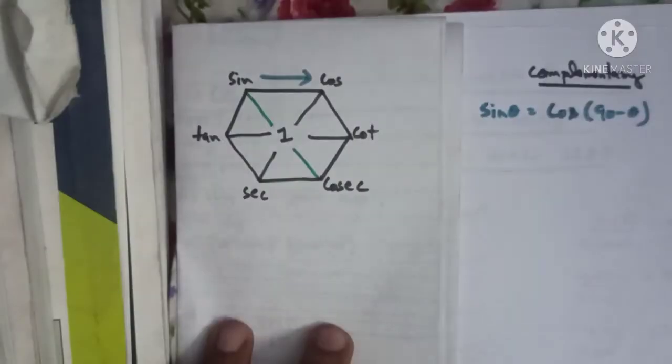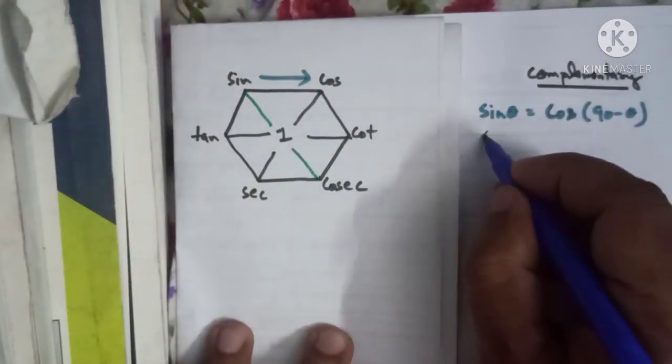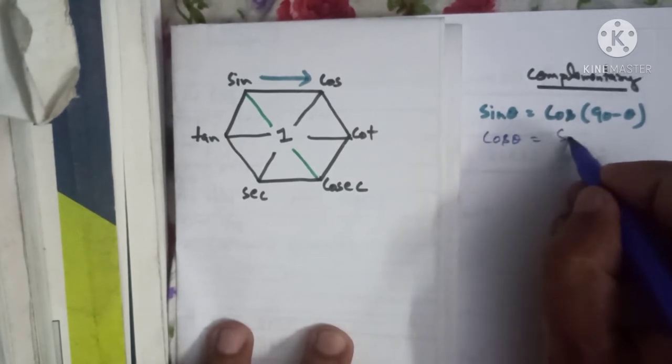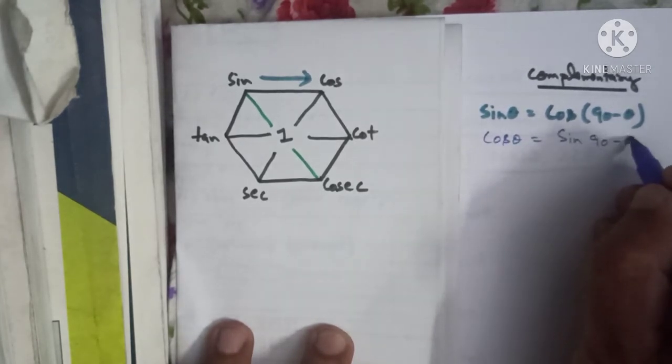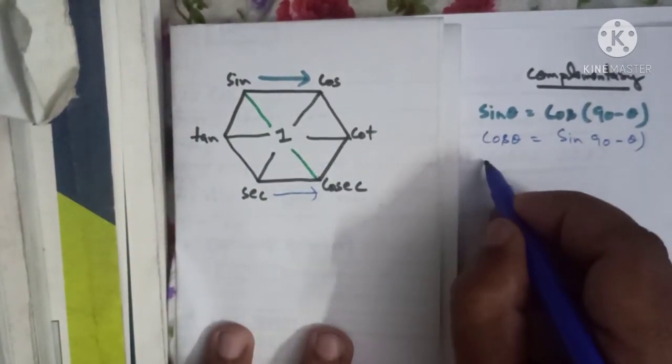Similarly, sin and cos are complementary, so cos theta is equal to sin of 90 minus theta, and sec and cosec are complementary.